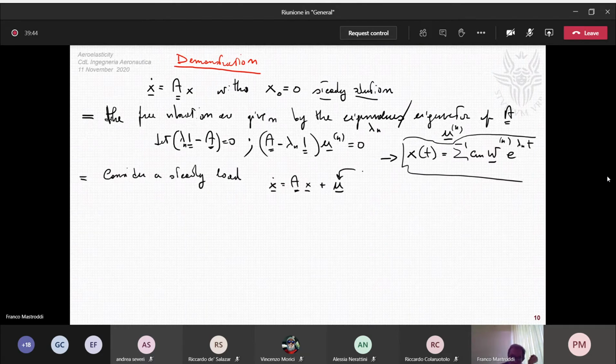This u is steady, not depending on time, a vector not depending on time, a load.